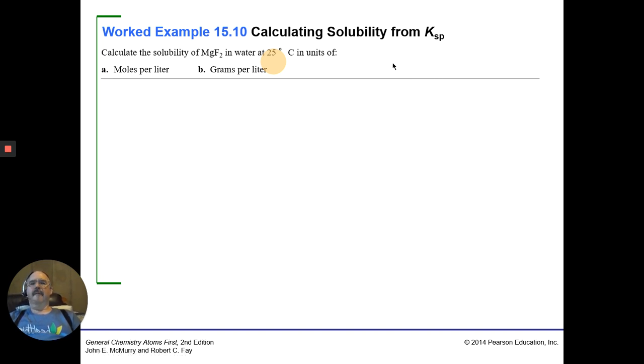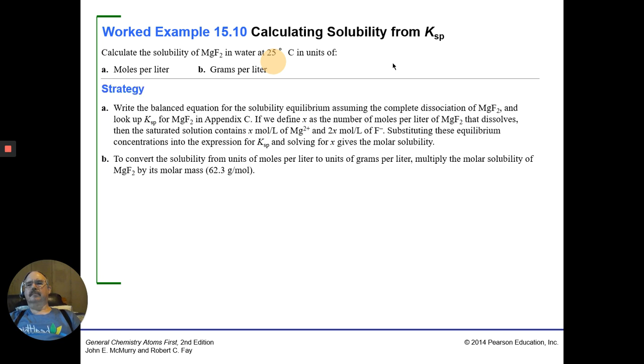So here we have calculating solubility from KSP. First we need to write the balanced equation for the solubility equilibrium. That would be magnesium fluoride solid dissolves to form Mg²⁺ and 2F⁻.